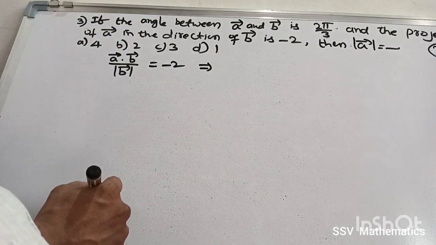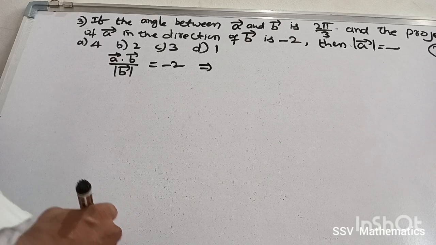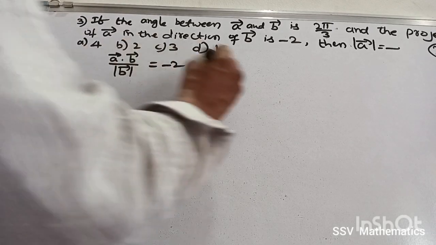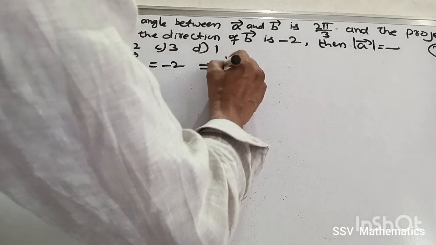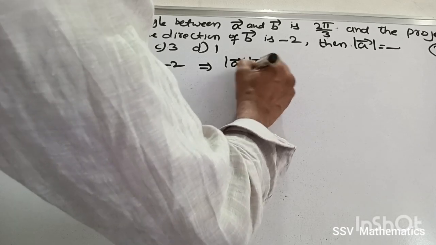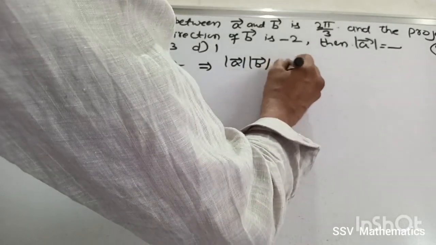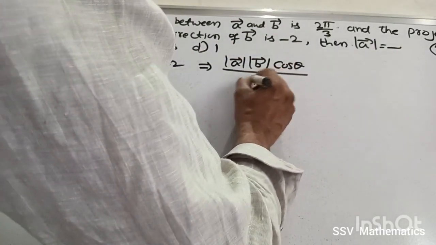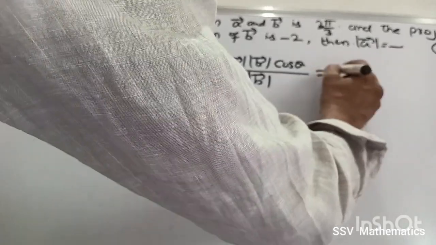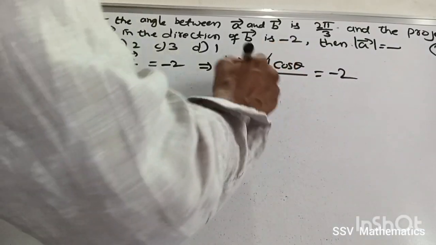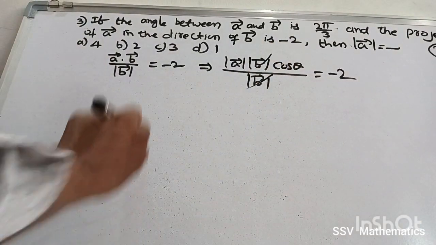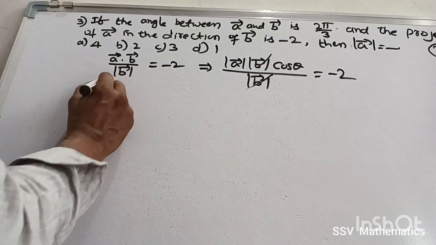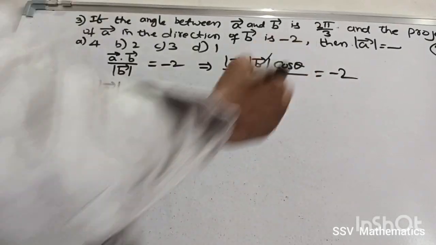From the definition of the dot product of two vectors, A dot B is equal to magnitude of A into magnitude of B into cos theta. So magnitude of B gets cancelled, and we get magnitude of A into cos theta.